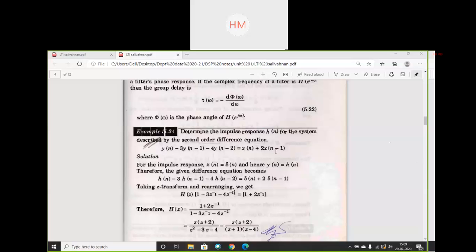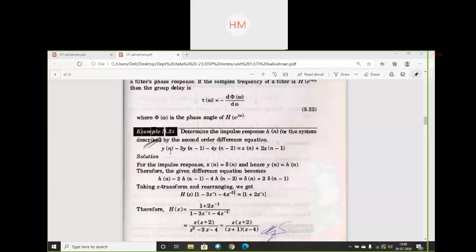It is a second order difference equation. Okay, x of n, you can take it as del of n for impulse response. You can find out h of z by other way also.